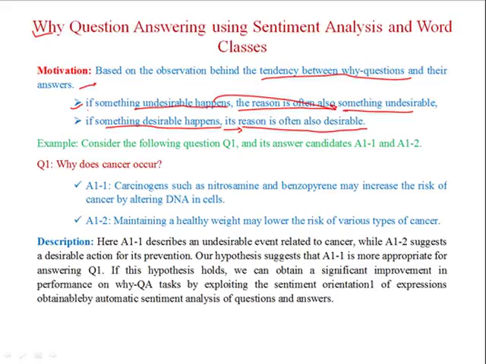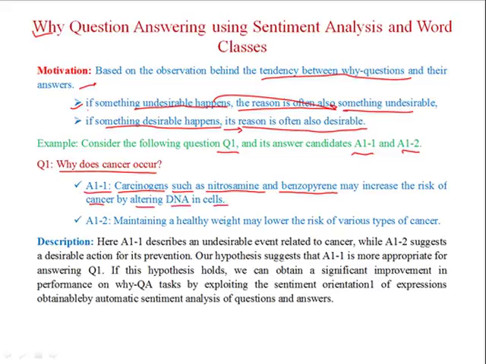It will be clear from a question and candidate answers A1 1 and A1 2. For example, why does cancer occur? The first candidate answer says carcinogens such as nitrosamine and benzopyrene may increase the risk of cancer by altering the DNA cell.